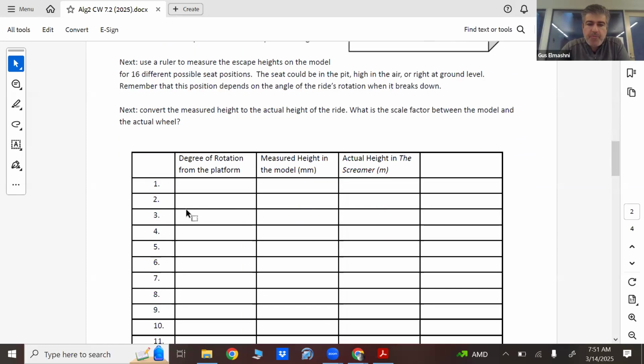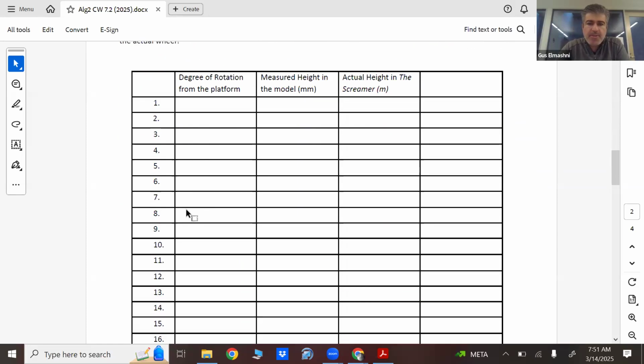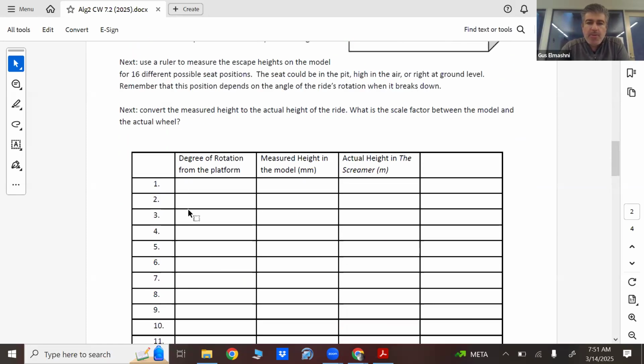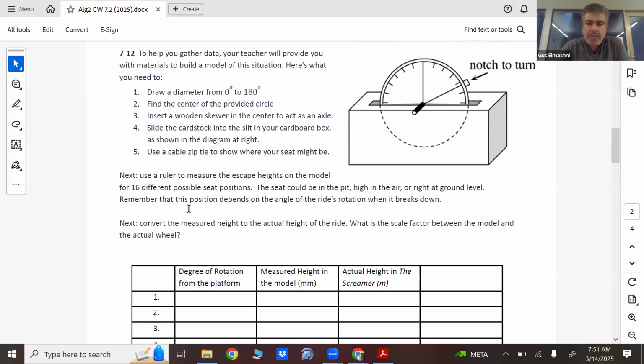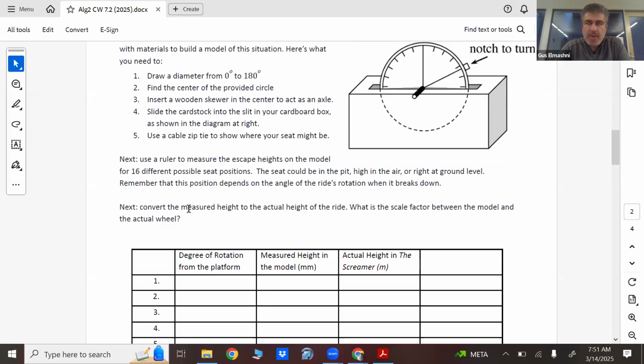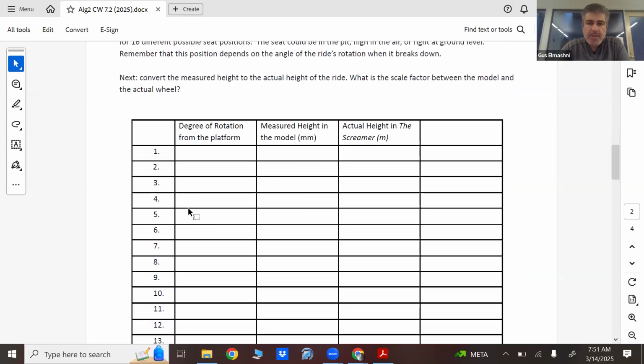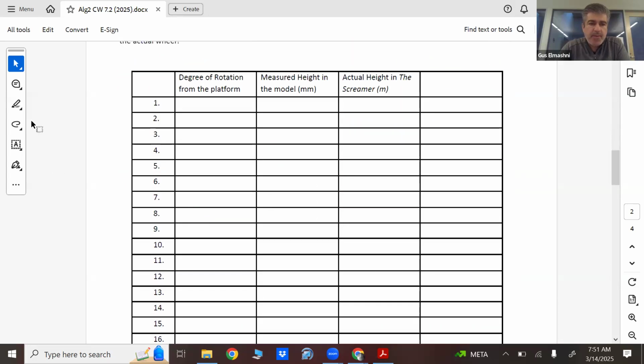In terms of how to actually do this, you're going to focus on a particular angle on the circle. For example, let's say we look at 15 degrees. So you're going to have your zero box like this.